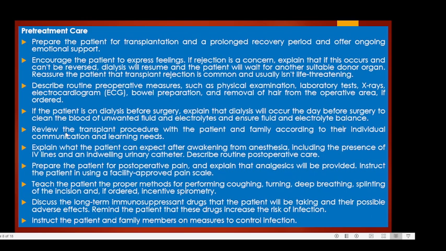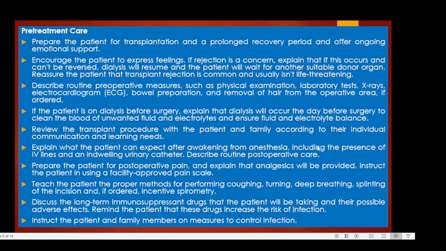You need to review the transplant procedure with the patient and family according to their individual communication and learning needs. You need to explain what the patient can expect after awakening from anesthesia. Remember we said we are using general anesthesia.